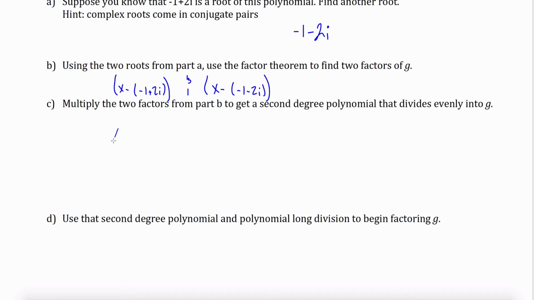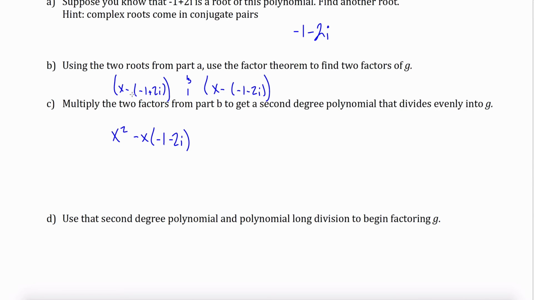X times x gives me x squared. X times negative 1 minus 2i gives me negative x times negative 1 minus 2i maybe. X times negative 1 plus 2i.